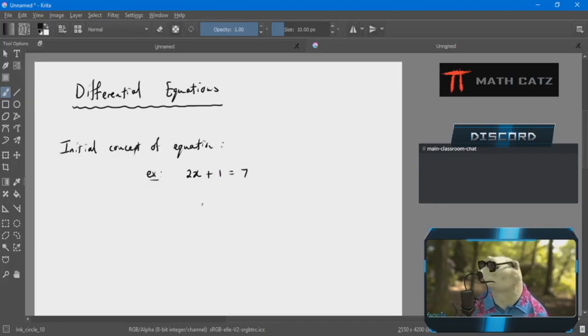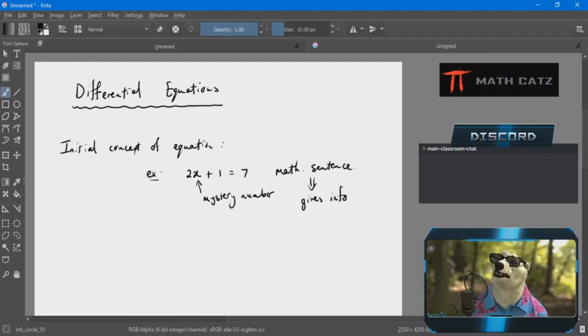You're practicing the algebra, whatever. This is our concept of an equation. It's a mathematical sentence giving me information about this mystery number.